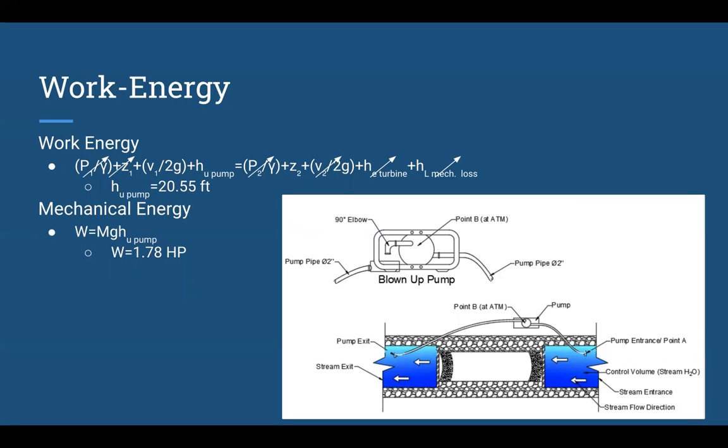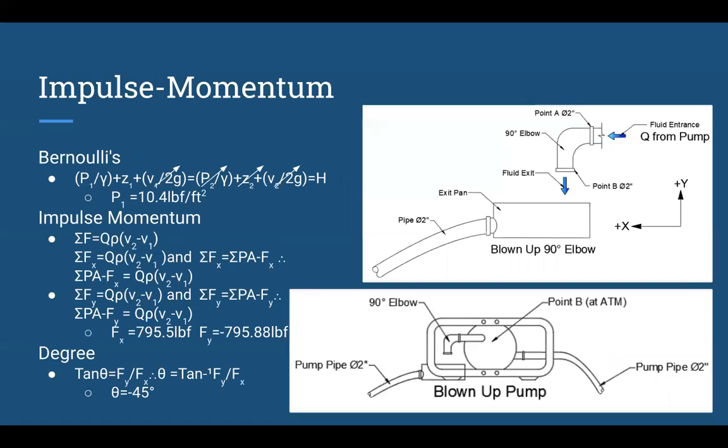So as H pump is what we are solving for, you sum everything up and it is equal to 20.55 feet. Using this to find the work, so mass flow rate found in the previous slide times gravity times the H of the pump gives you a work of 1.78 horsepower.